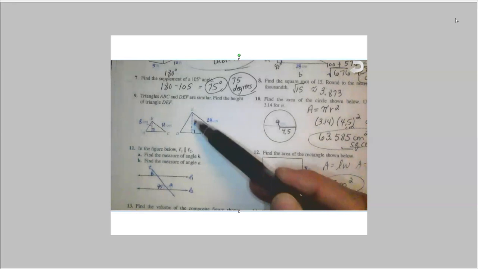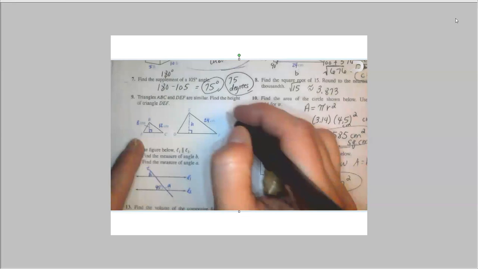So like AB would not be the same as DE, okay, but that ratio would be the same ratio as BC over EF, whatever that would be, okay? And the same would have to be true for the heights of those triangles. So what I'm gonna do is set up a proportion and solve this. There's several ways I could set it up, but I'm just gonna start with the first triangle and go to the second triangle.